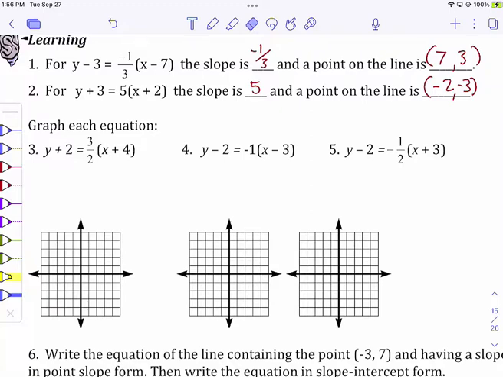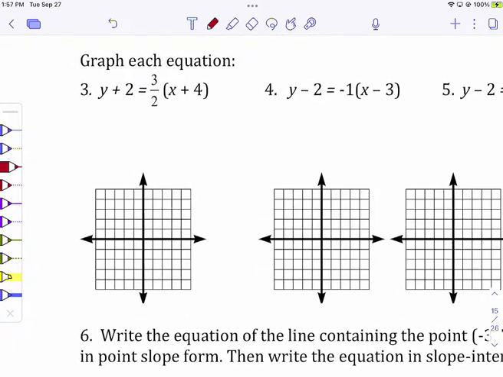It's not because they're intentionally doing it the non-recommended way. It's just that by the time this chapter is over, the steps that are the non-recommended way, you'll have done over and over and over again. So this is the way I want you to graph these. This is the better way. And then I'll show you the non-recommended way, and I'll try to remind you not to do that.